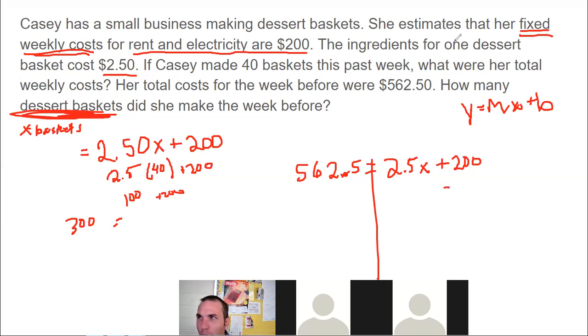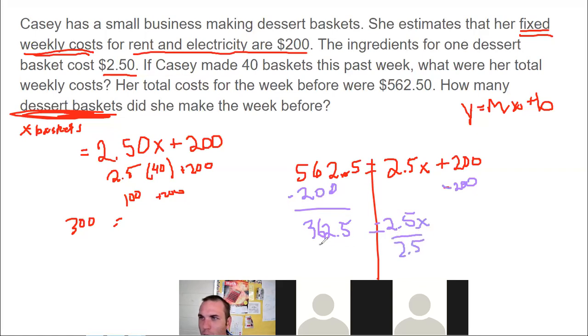All right, so now we'll subtract 200. Sorry for the bad writing. Let's see, 562.5 minus 200. Yeah, it is 362.5. So 2.5x equals 362.5.